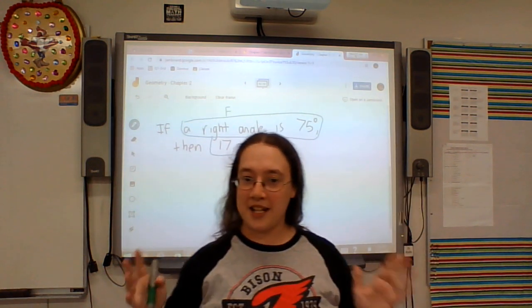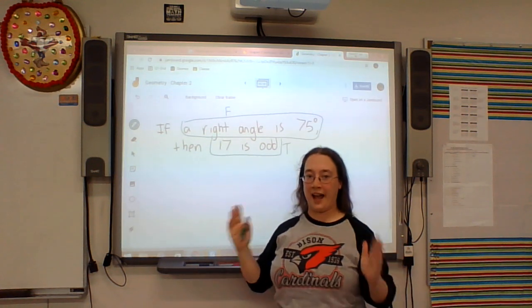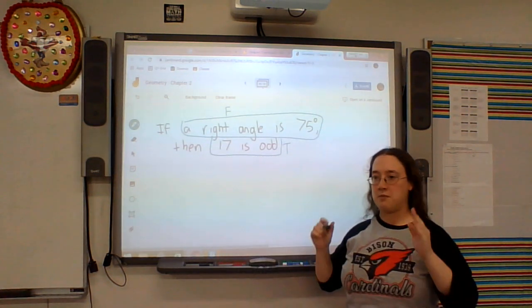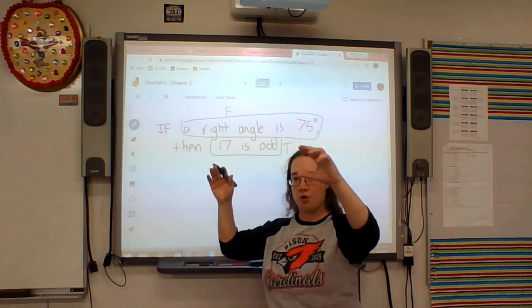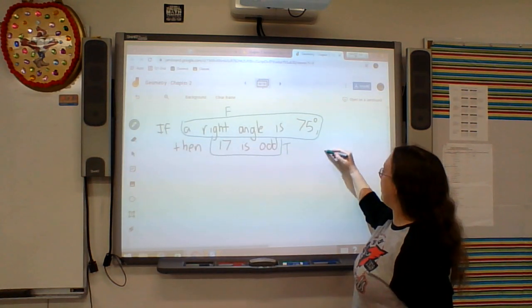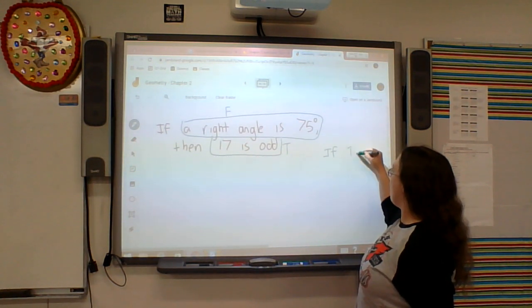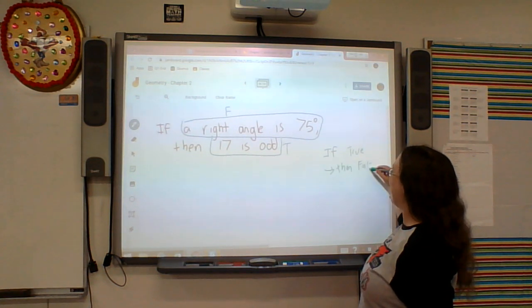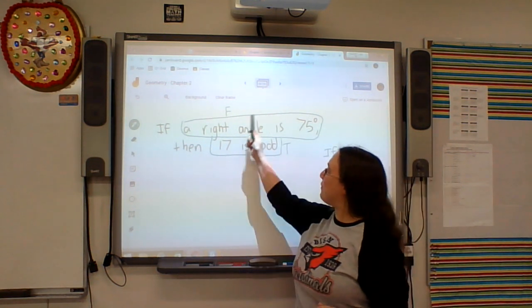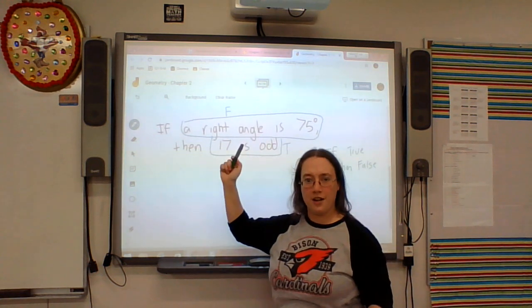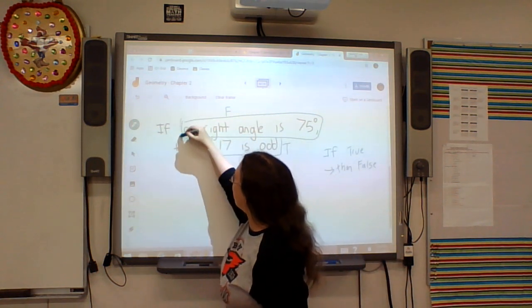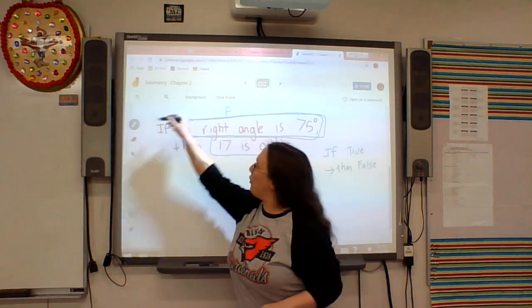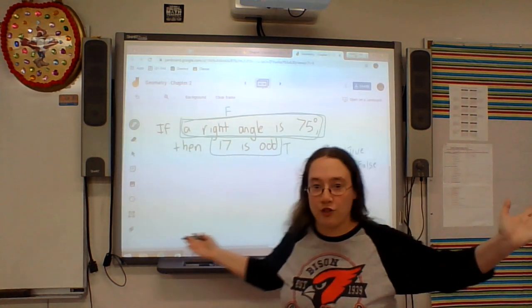So again, we can't have a counterexample, because in order to have a counterexample, we need to be saying if something true, then something false. And we can't have that if this is never true. So if we've got something where this first part is always false, right angles are never 75 degrees.